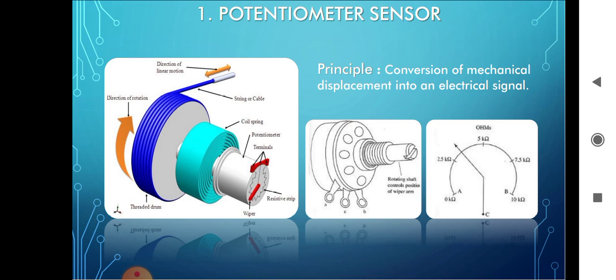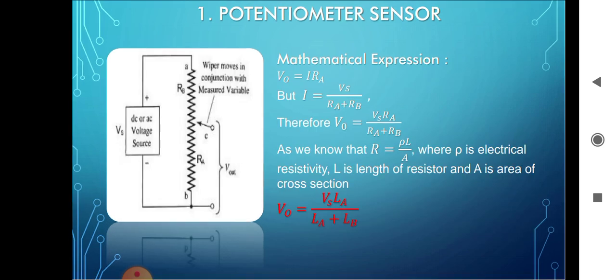This changes the voltage between points B and C. So this transducer produces a voltage proportional to the pressure that we give from the backside of the potentiometer, right? And the formula is given.